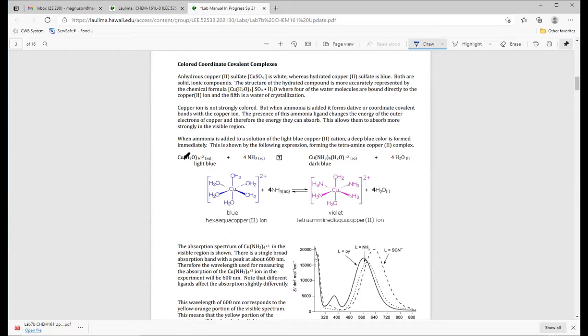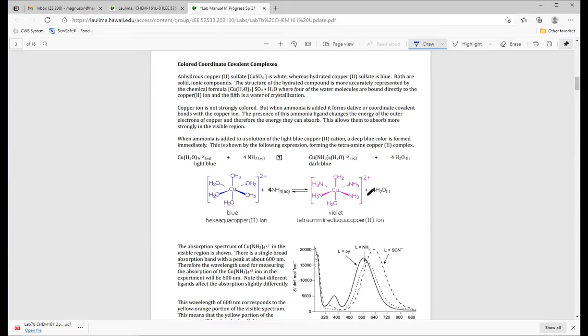We're starting with this copper aqua species, a copper 2 aqua species, and we're going to mix it with ammonia. The ammonia is going to complex to that copper, and when that ammonia complexes to that copper, it changes the electronics of the species. So now the electronics change, and now this is dark blue.